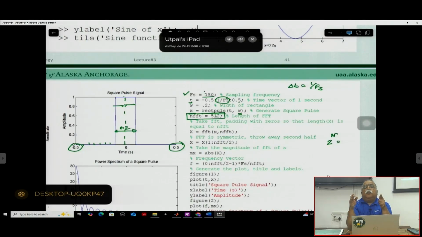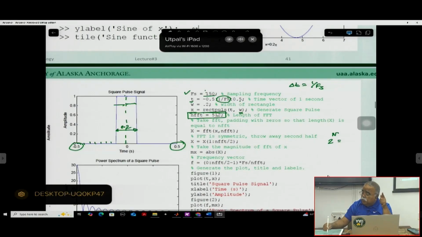You will put it at a 2048 NFFT, so that you are adding zeros, because it has been found that the fast Fourier transform is done much more quickly if the number of data points is 2 to the power something.